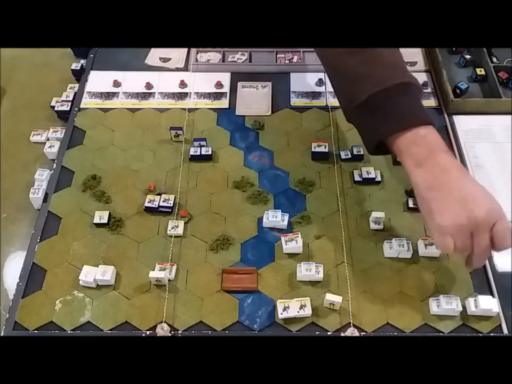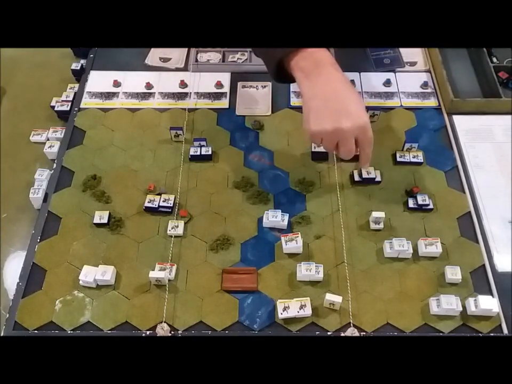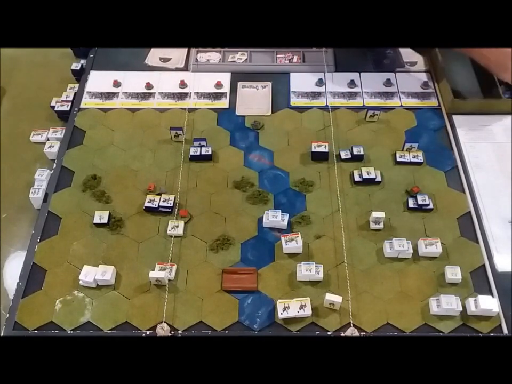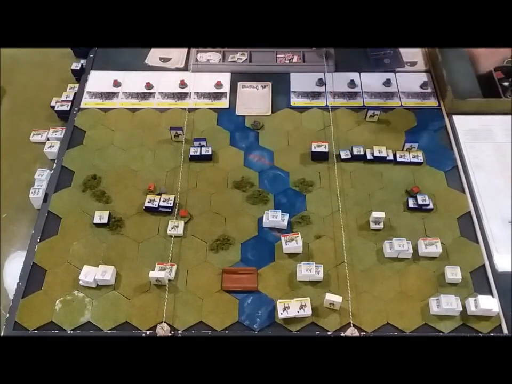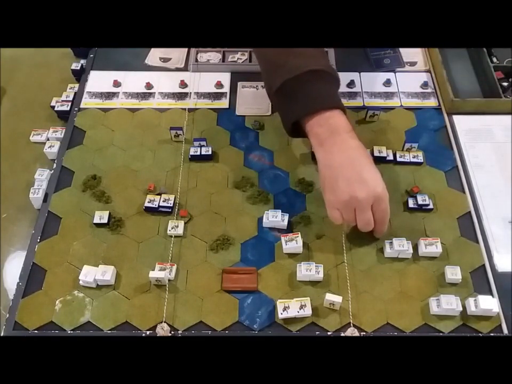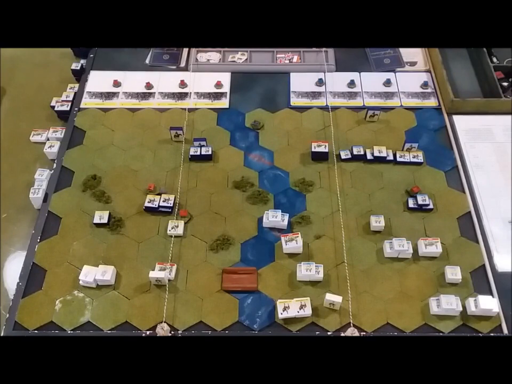So these poor guys are pushed all the way back. Okay, so that leaves this line unit firing here for 1 die because they moved. And they get a retreat, and this is moved back into the line, and they're done. So not great, not great, as simple as that.